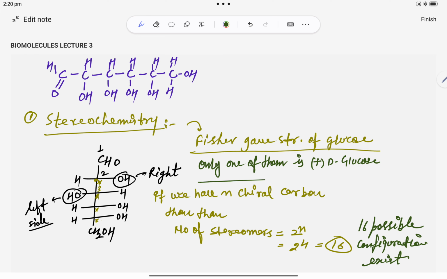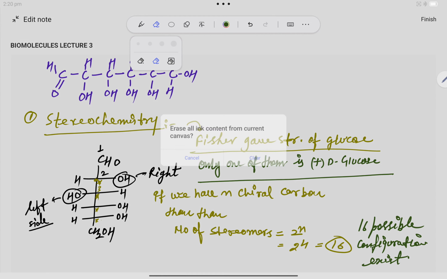What I am saying is, in the 16 stereoisomers, only one of them is plus D glucose. Okay, so that is the stereochemistry of glucose.